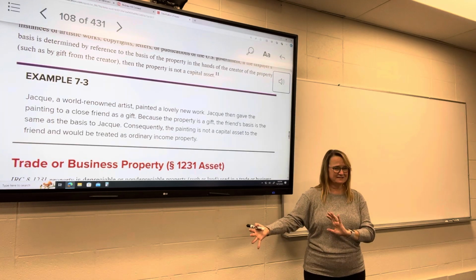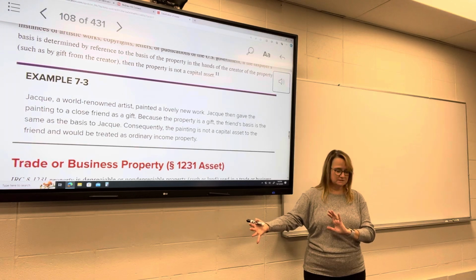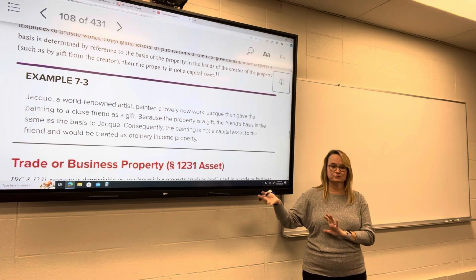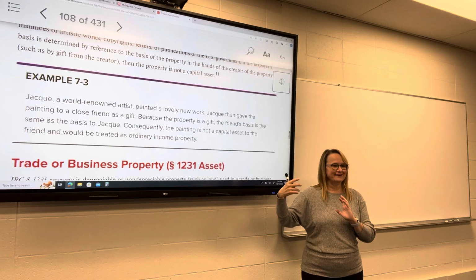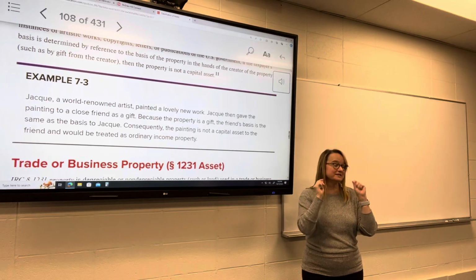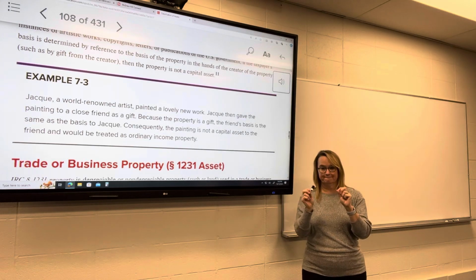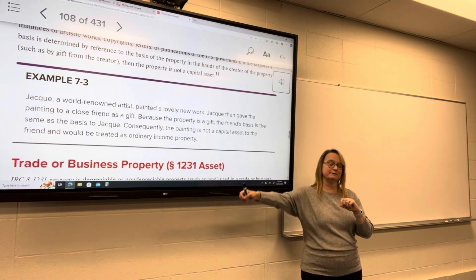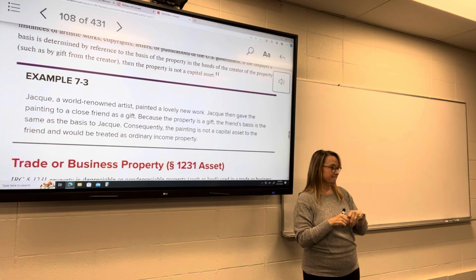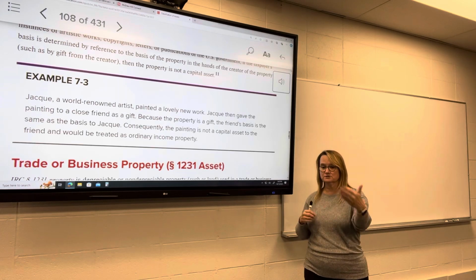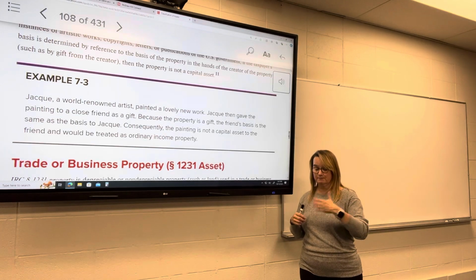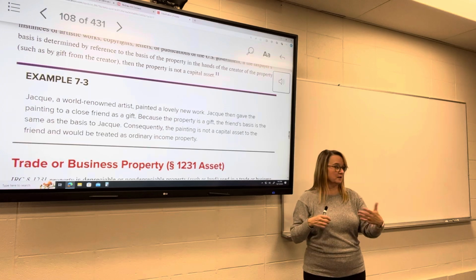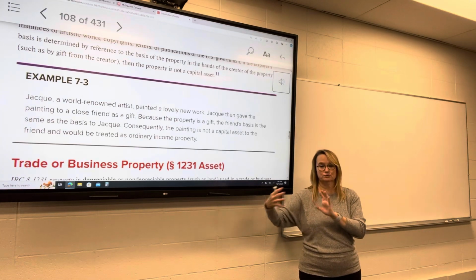Does that make sense? I see some nods, I see some confused faces. So the fact that it was a gift changes it, okay? If it was sold, then it becomes a capital asset to the purchaser. Ordinary income to the seller, the person who created the work, but now it's a capital asset to the purchaser.